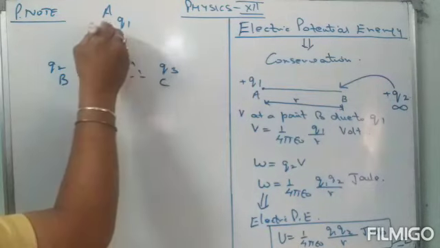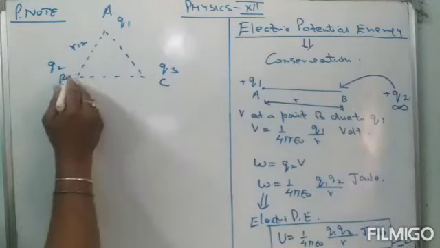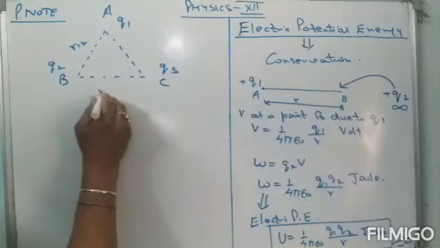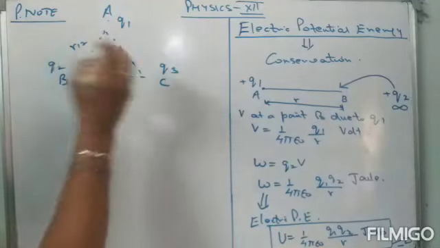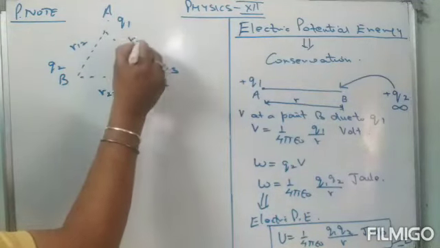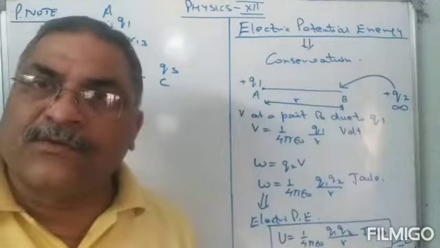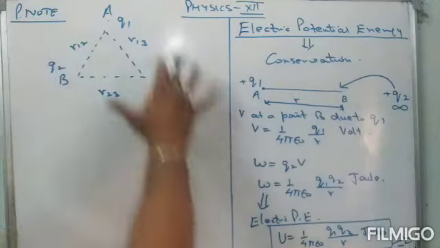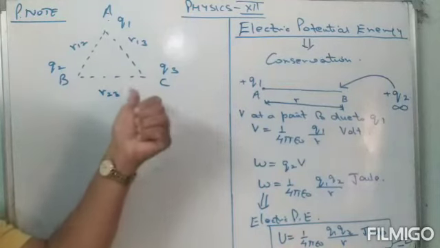The distance of A and B is R12, the distance of Q2 and Q3 is R23, and the distance of A from C is R13. It may form a triangle, or any other form. It may be a square also, or a rhombus also. More than two charges form a system. Let us find out the electric potential energy of this system.